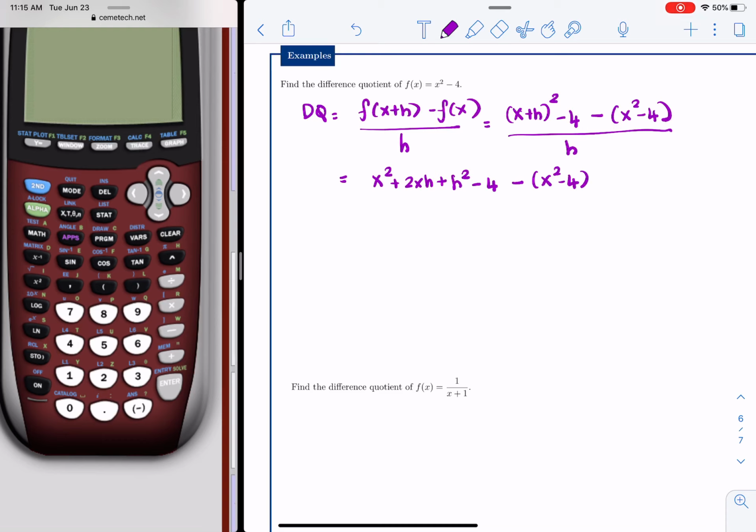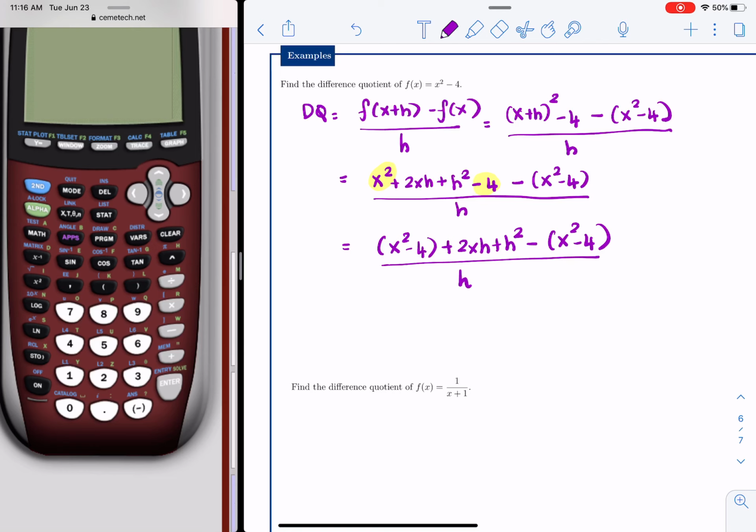I'm leaving it as is for a reason. Now I'm going to go to the FOIL version and I'm going to move that term and that term close to each other and write it this way. X squared minus 4 plus 2xh plus h squared minus x squared minus 4 divided by h.